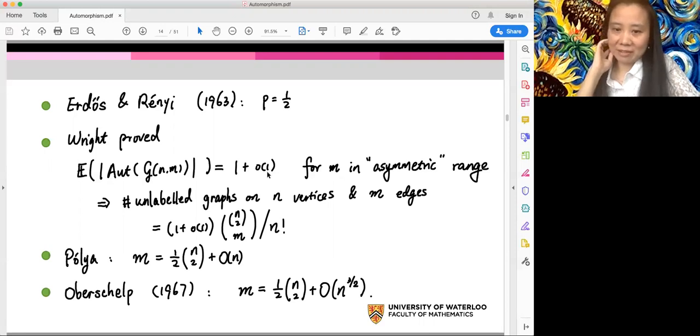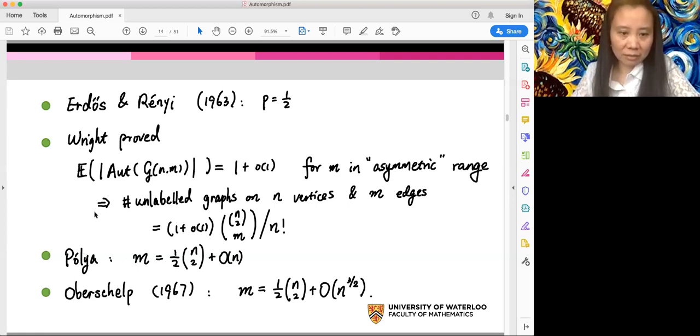What Wright says is that once m exceeds some critical value, random graphs are asymmetric. So you can easily compute the number of vertex-labeled graphs with m edges: among so many possible edges, you choose m edges. And with high probability, there are no other automorphisms, so you immediately divide by n factorial, and you get the number of unlabeled graphs on n vertices and m edges.